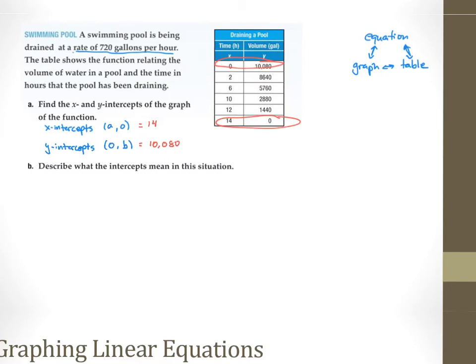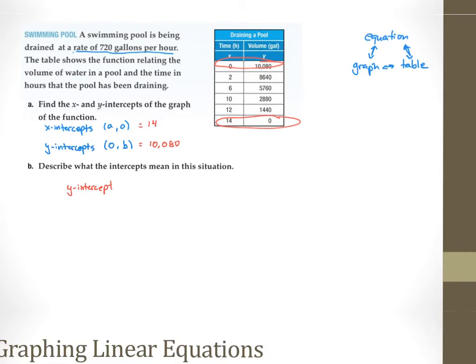So now we found the intercepts, we have to explain what they mean in real life. We'll go with the y-intercept first, from the top of the table to the bottom. My y-intercept is when we have 0 hours and 10,080 gallons. At 0 hours, we have 10,080 gallons.